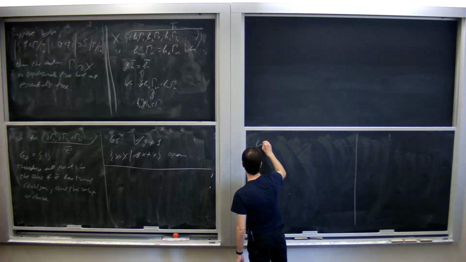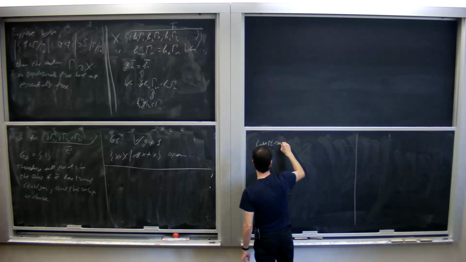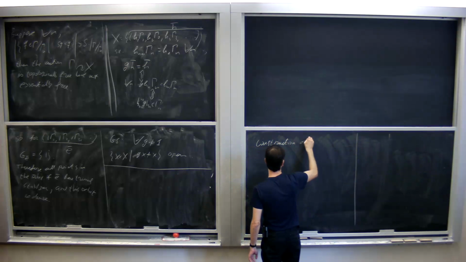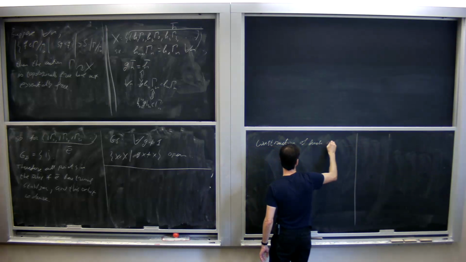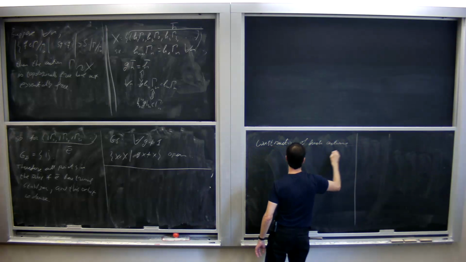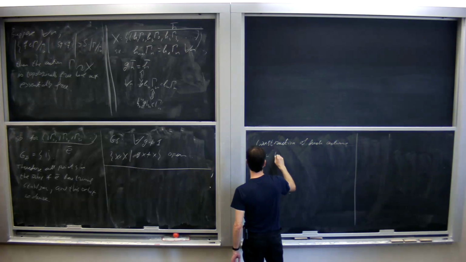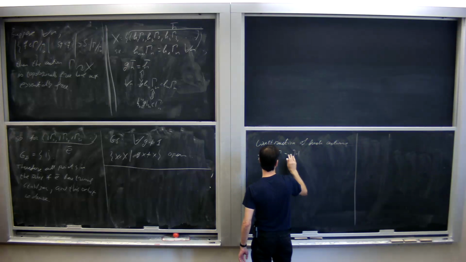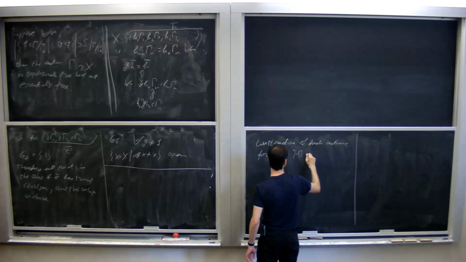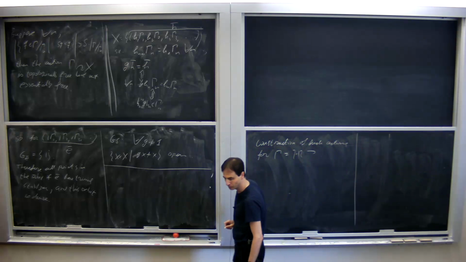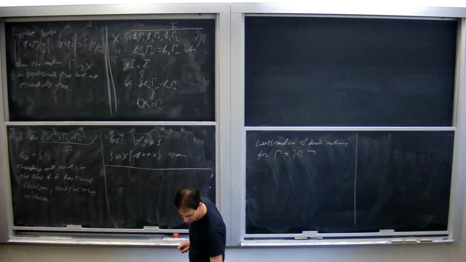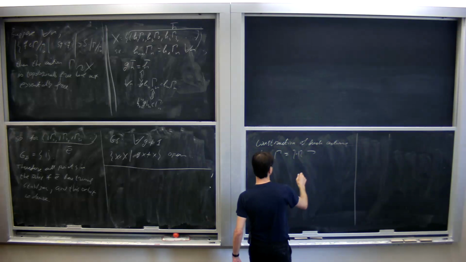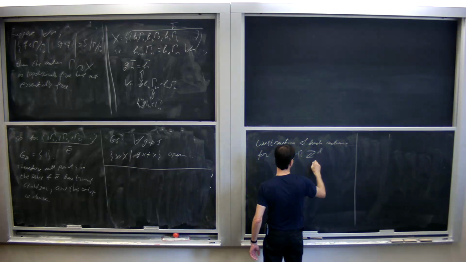Here's a construction of such actions for gamma, which will be, I'll write Z to the d, because that's where we can prove things, but or more generally.